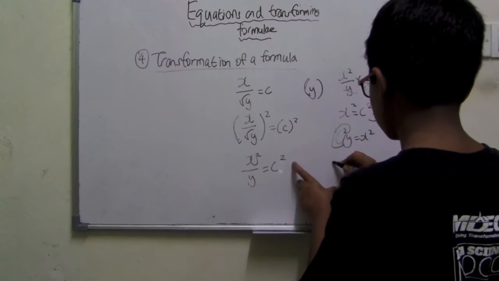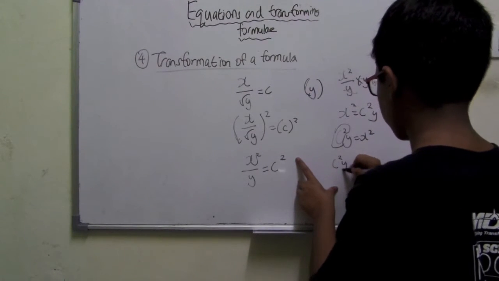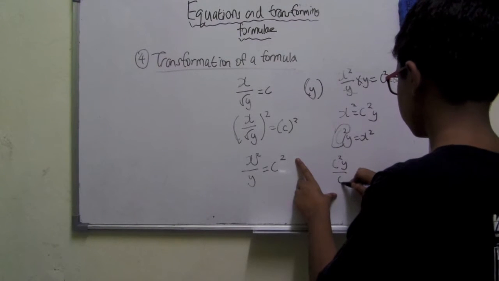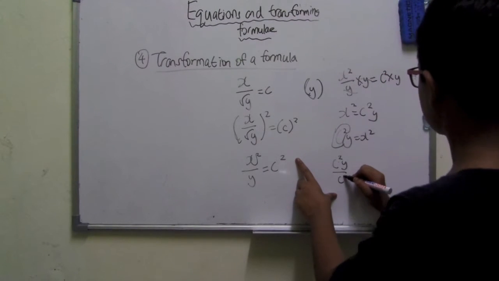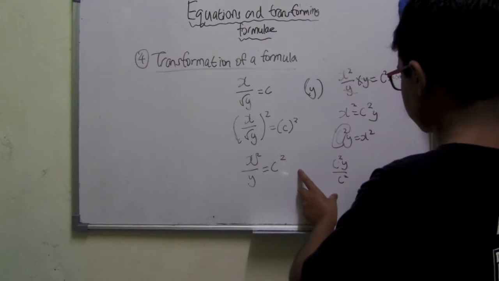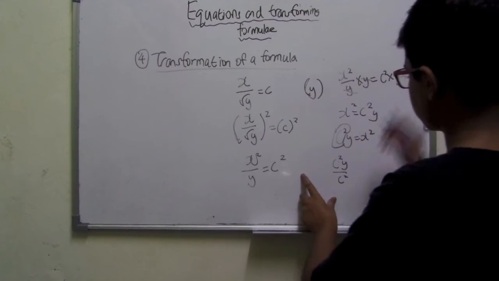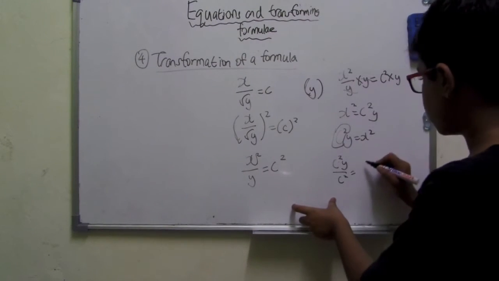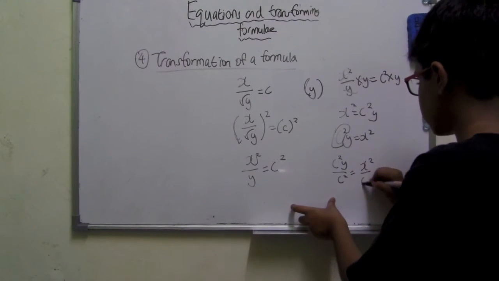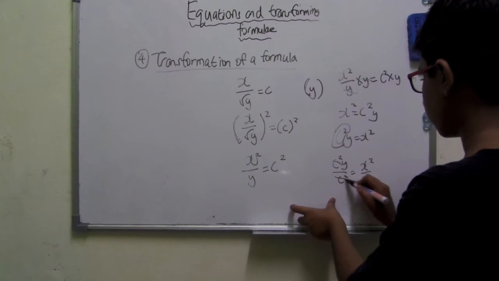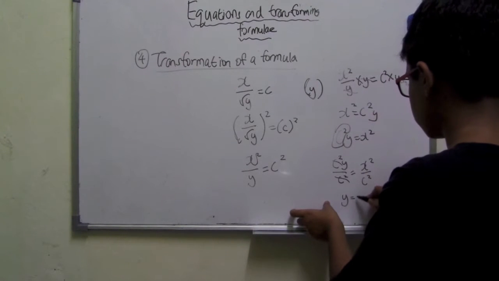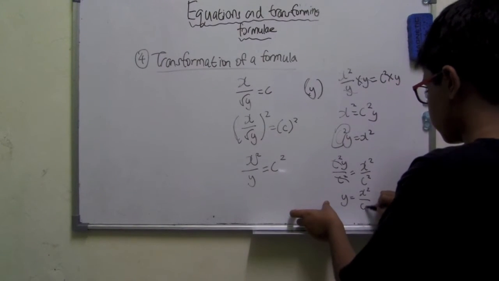So c squared y over c squared equals x squared over c squared. So the c squared and the c squared cancel to make y equals x squared over c squared.